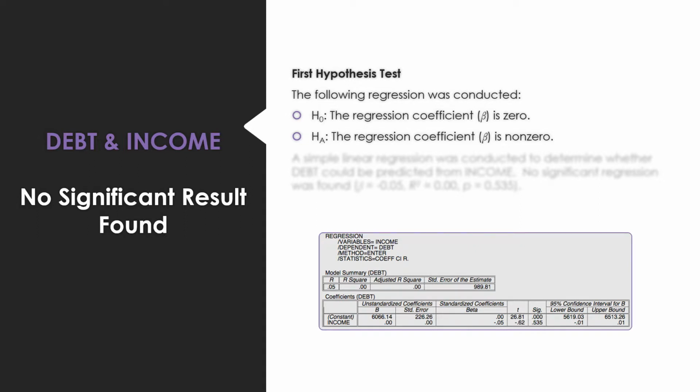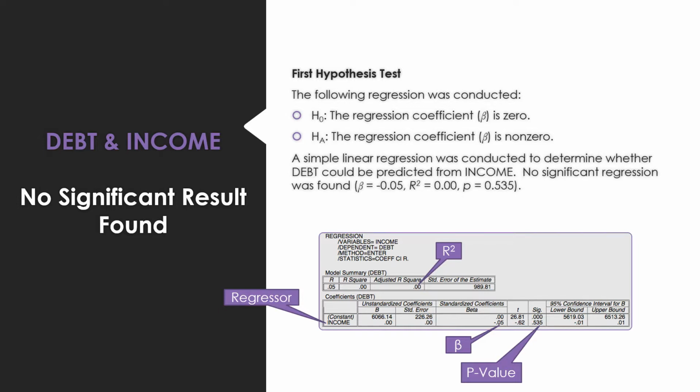From the linear regression done on PSPP, we know that income is our regressor. We know beta equals -0.05, r squared equals 0, and our p-value is 0.535. From our findings, we can conclude no significant regression was found.